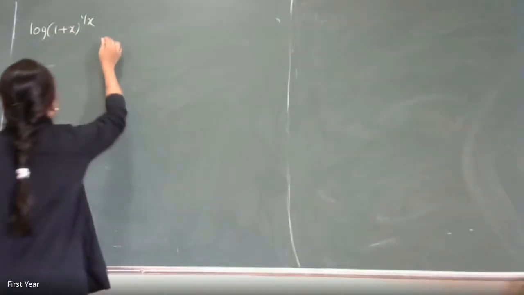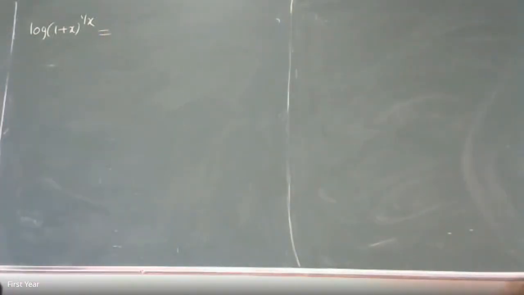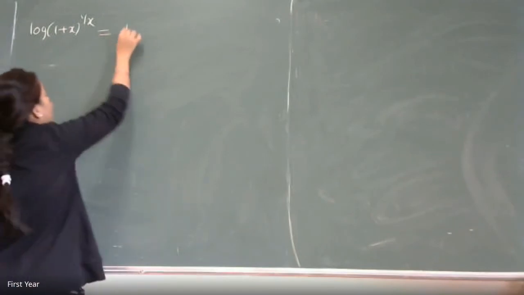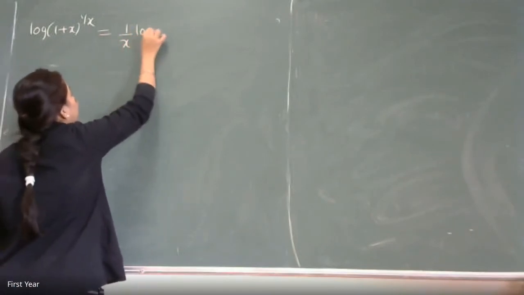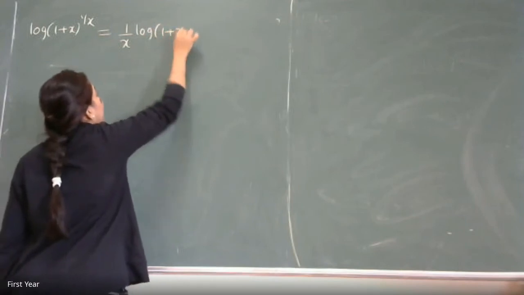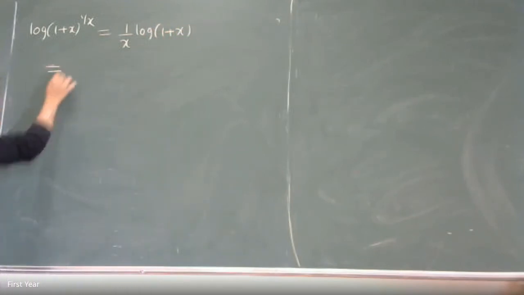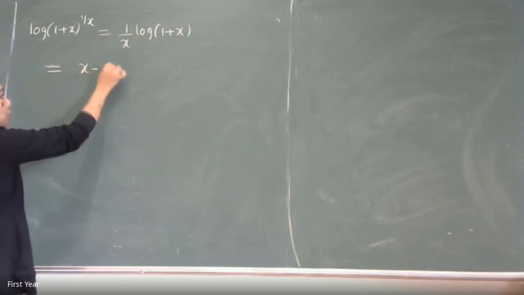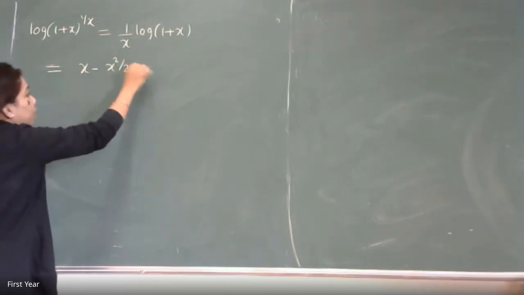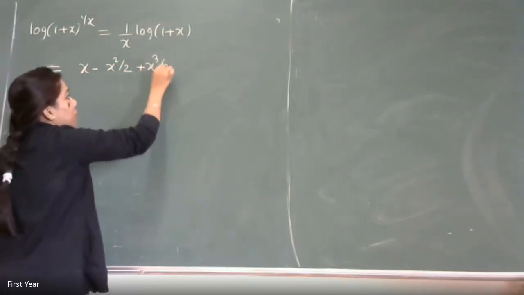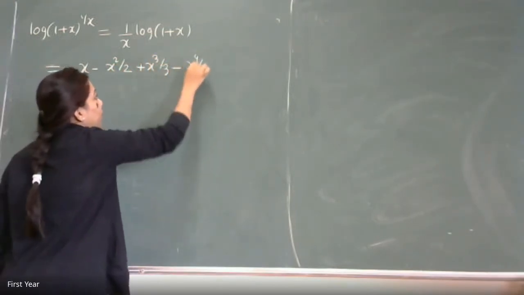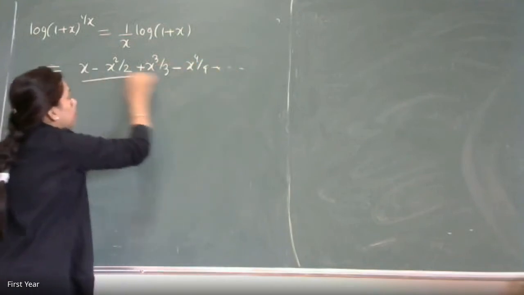So what is this actually equal to? This will come now 1 by x log of 1 plus x. Now you have to use the expansion of log of 1 plus x. So what's the expansion of log of 1 plus x? x minus x squared by 2 plus x cubed by 3 minus x raised to 4 by 4 and so on, divided by x.